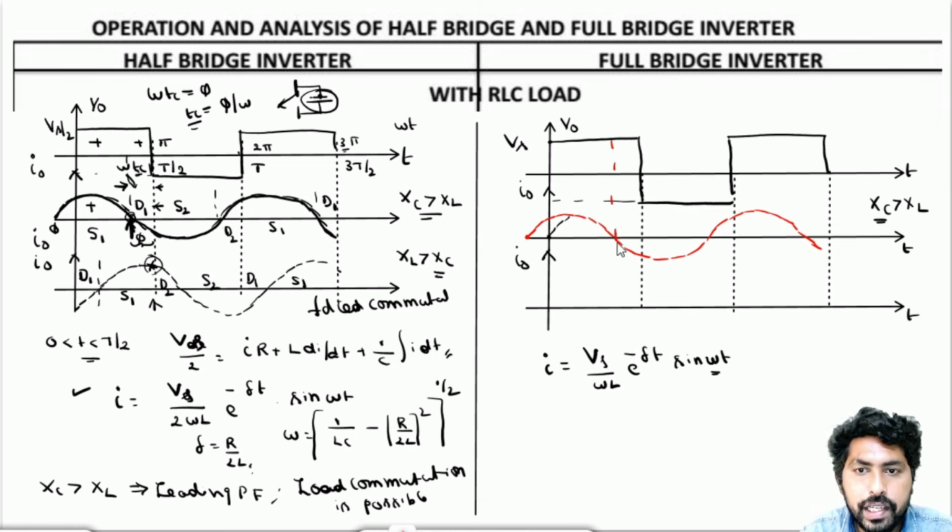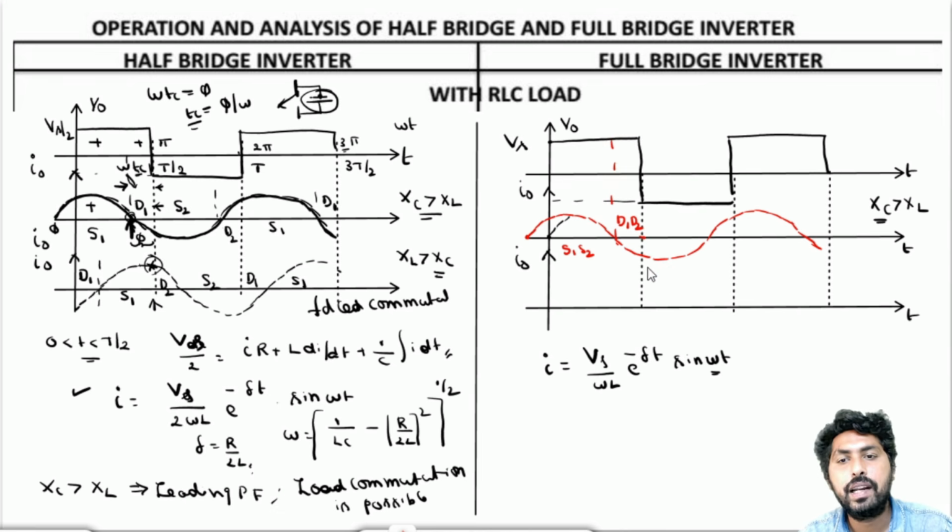Up to here both are positive, so S1 and S2 are conducting. Here voltage is positive and current is negative, so D1 and D2 are conducting. Again here both are negative, so S3 and S4 are conducting.